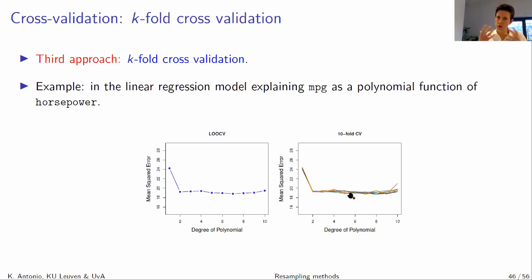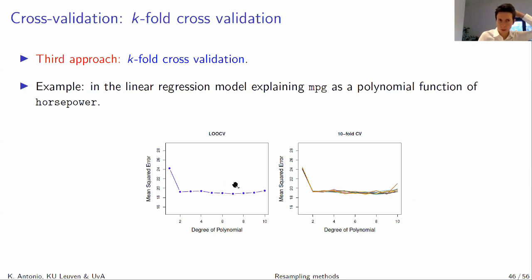This is just to illustrate that this is going to give me a quite stable performance curve, right? So here you see, in contrast to the validation set approach, that there is not much variability in the estimates that I get for my mean squared error curve over here. And you also see that it's pretty close to the leave one out cross validation that we show over here.